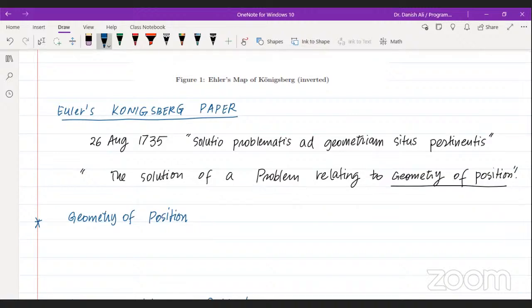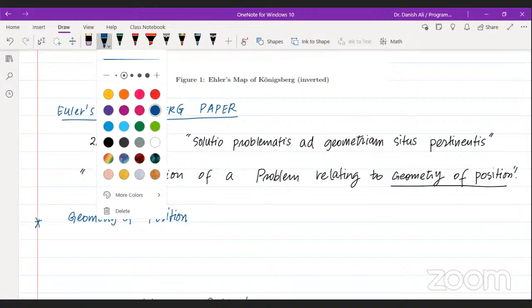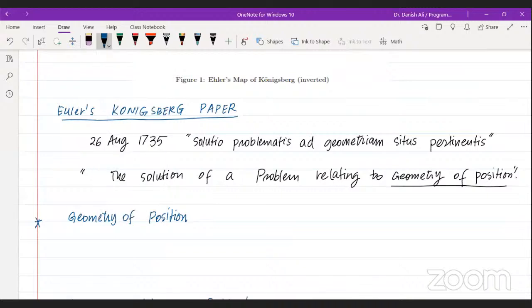Geometry of position means the geometry which does not involve quantities like lengths, measures, areas, volumes. It only involves the position.